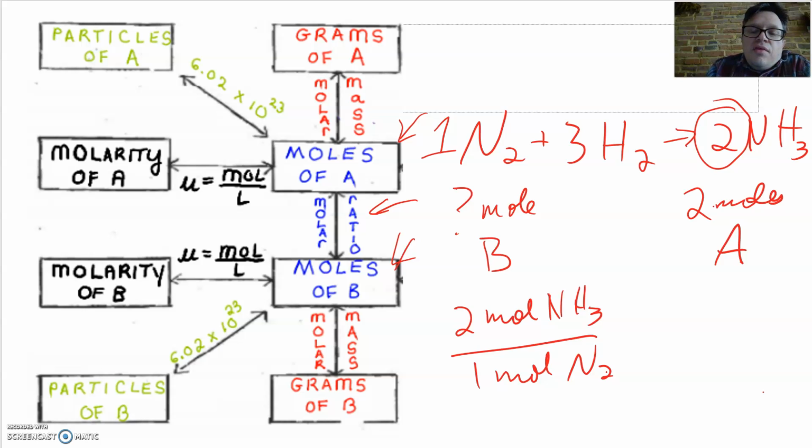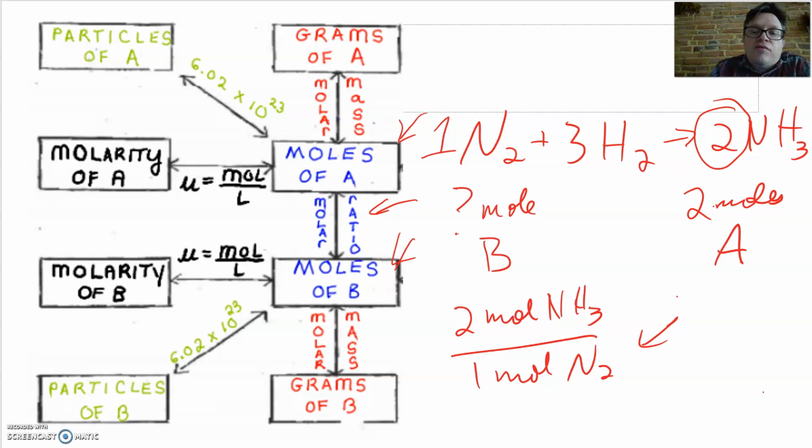So that's pretty much the answer: you need 1 mole of nitrogen to make 2 moles of ammonia. And this is the very simplest kind of mole A to mole B question.